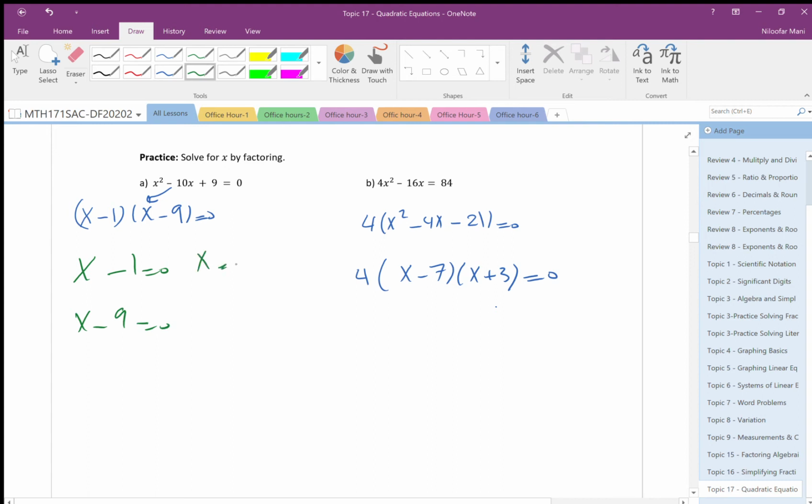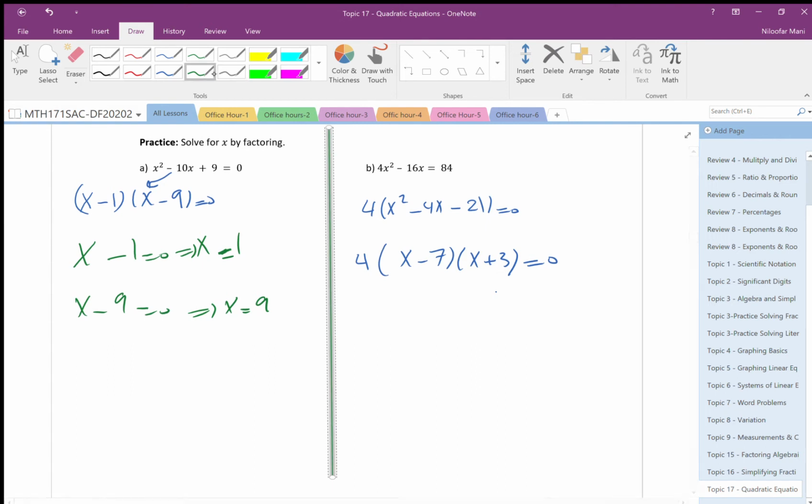So it's x equals 9, x equals 1. Done. Then x minus 7 equals 0 or x plus 3 equals 0. So it's x equals 7 or x equals minus 3.